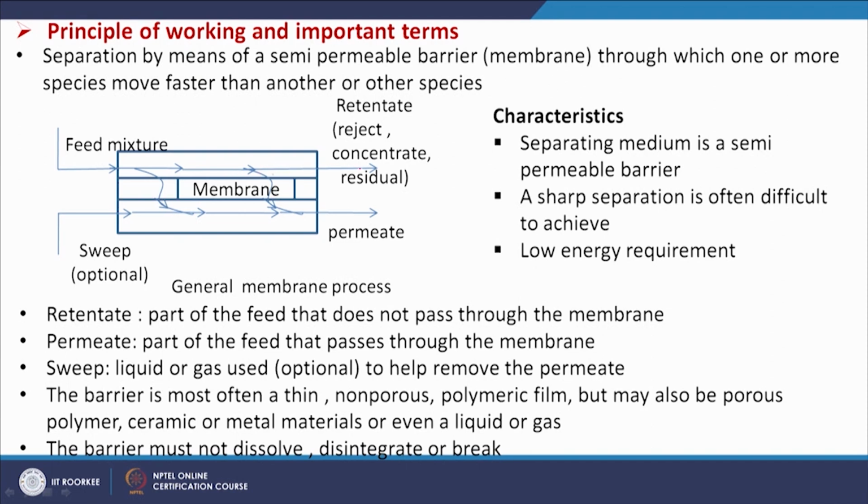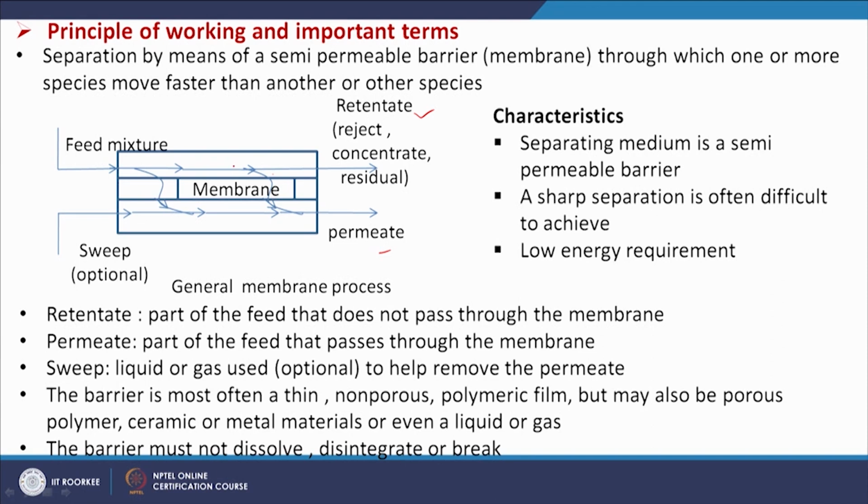So, the part which we get here is the retentate or reject, that is the concentrate, and here we are getting the permeate. Pure water will come here and pollutants will be available in the concentrate. So, this is the mechanism.